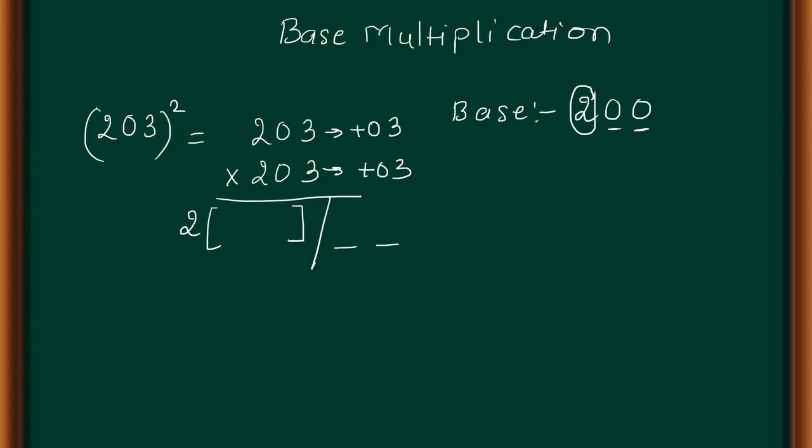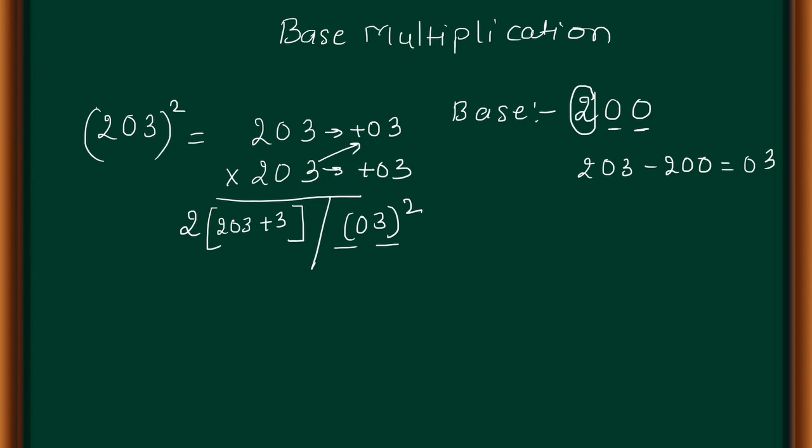Why? Because see, the difference, 203 minus 200, number minus base, you will get 03, correct? This is a positive number, so you write a plus 03. Now 203 plus 03, and here it is as good as writing 03 square, or maybe 03 into 03, both mean the same.